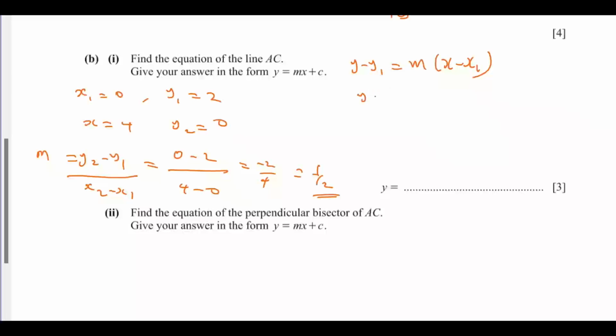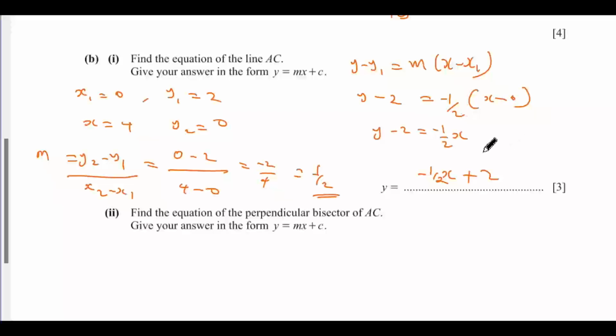So y minus 2 is equal to the gradient, minus 1 over 2, into x minus 0. So this will leave me with y minus 2 equals minus 1 over 2x. I can rearrange this, and that will give me y equals minus 1 over 2x plus 2.